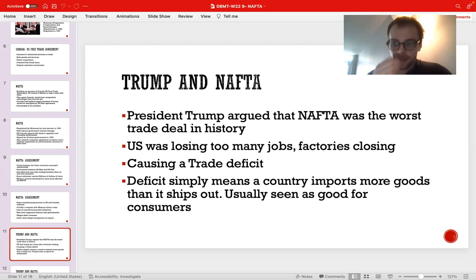Trump also bemoaned a trade deficit, which he saw as hurting the United States. Typically, a trade deficit doesn't necessarily mean it's a bad thing for a particular economy because it means lower prices for consumers. But Trump saw this as meaning that the US was losing in global trade as it was importing more than it was producing and exporting.